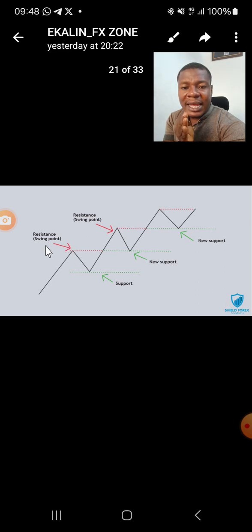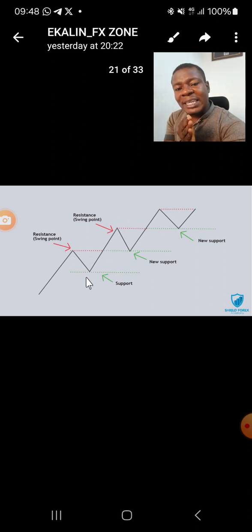So you draw a line there that serves as your resistance line, and then where the price retraced to, you put another line there to serve as a support. So you have your resistance and then you have your support. And whenever price retraces in an uptrend, it starts to make another impulsive move up, okay, to break the resistance.